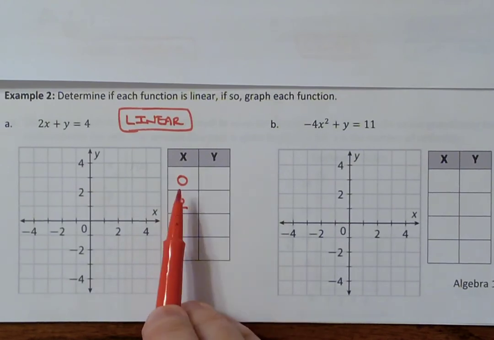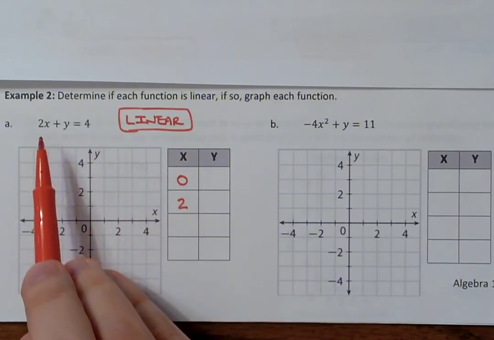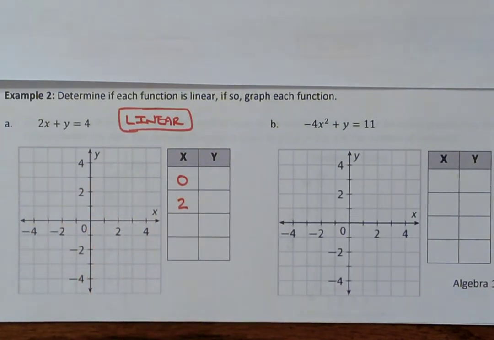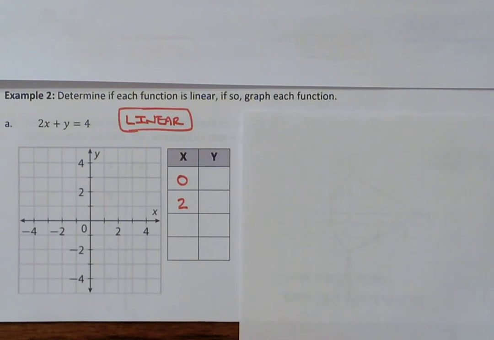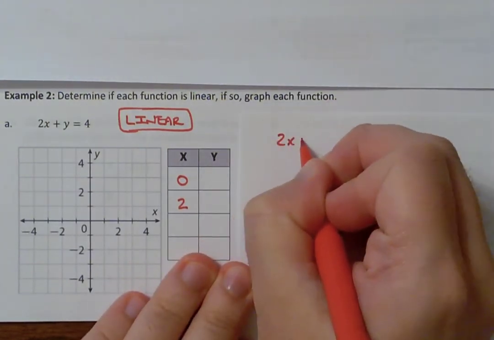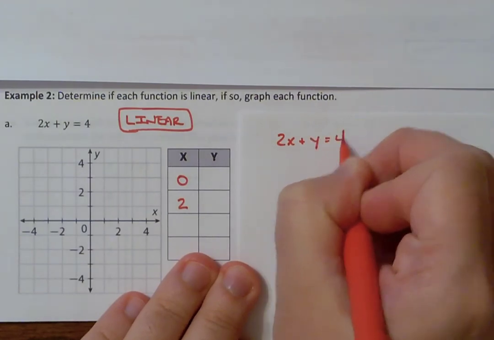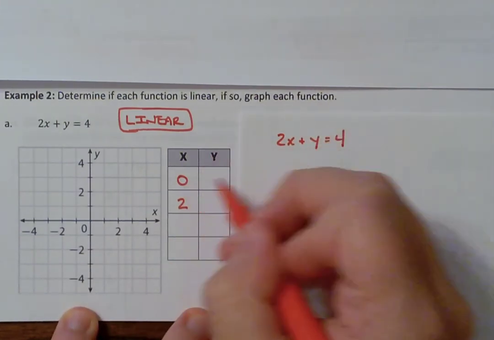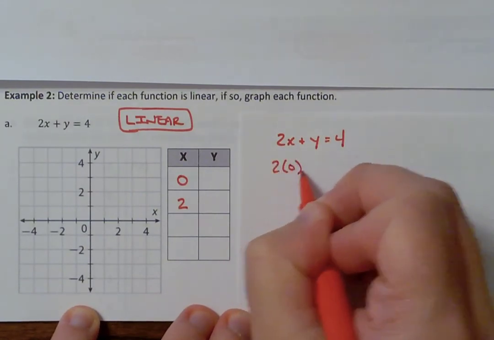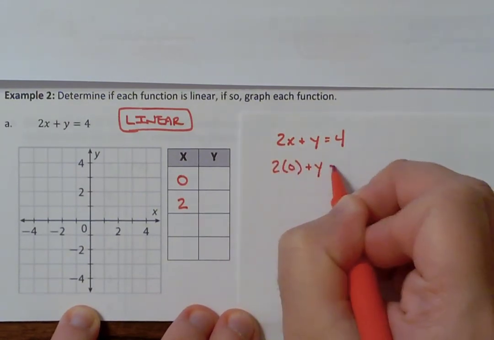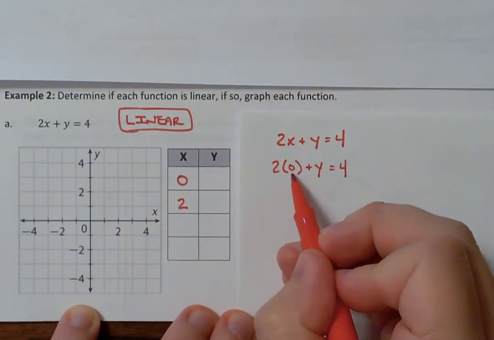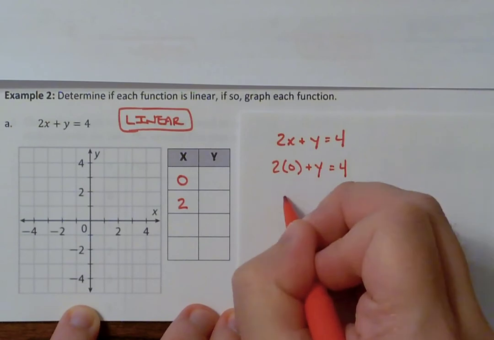Alright, so if I plug 0 in for x, back in Module 3 when we did this, we would take our equation, this 2x plus y equals 4. So I would take 0 and plug it in for x. So we're going to have 2 times 0 plus y equals 4. 2 times 0 is 0.